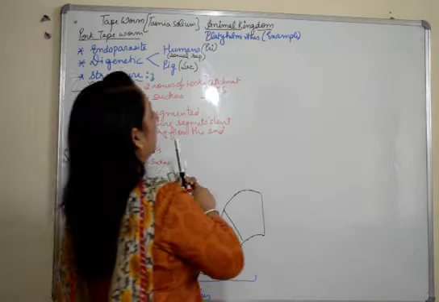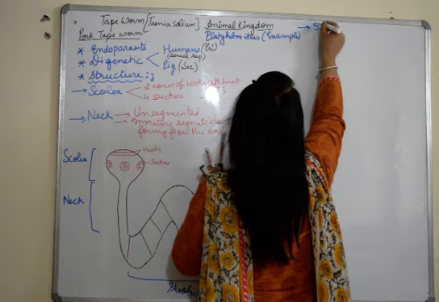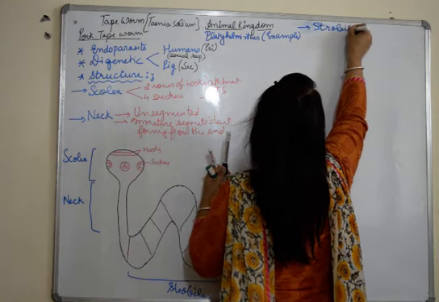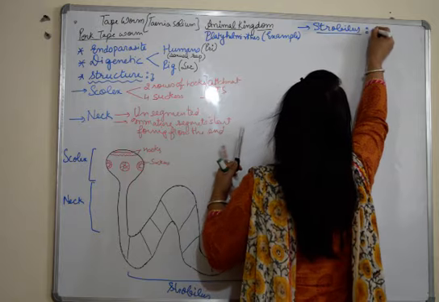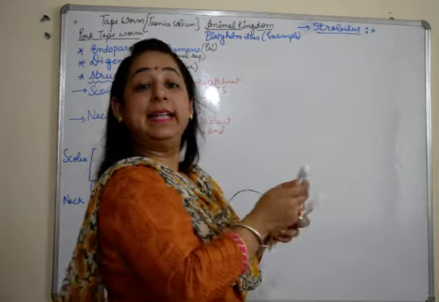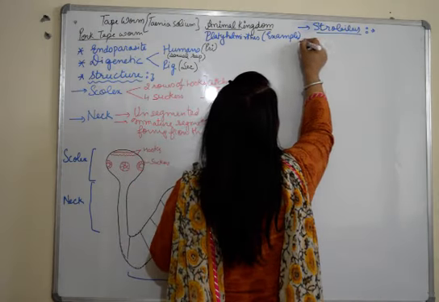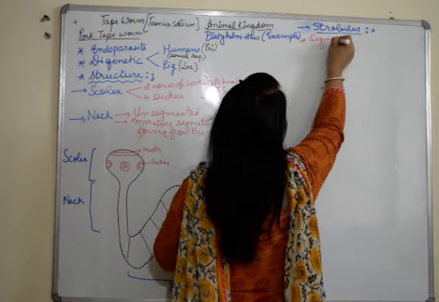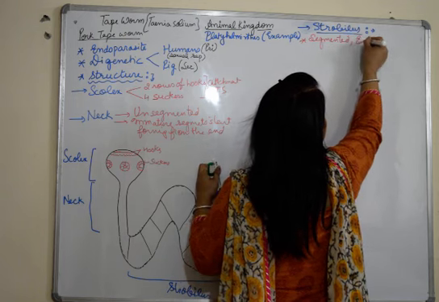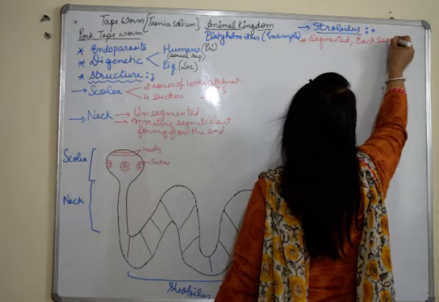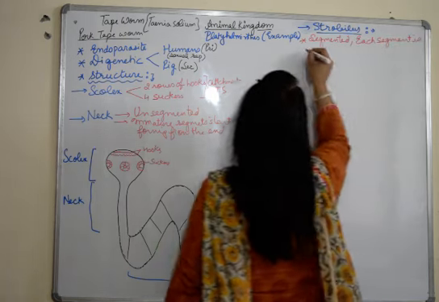The next part is the strobilus. Now what is a strobilus? Strobilus is the segmented part, and each segment is called proglottid.